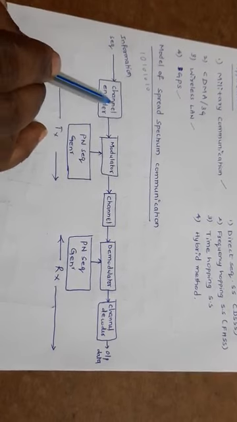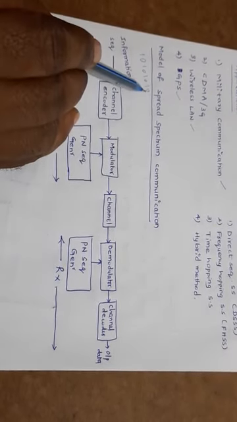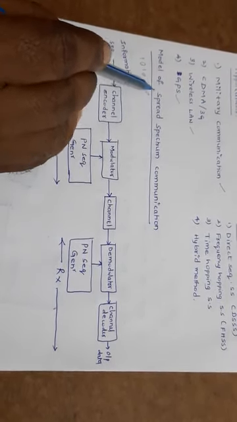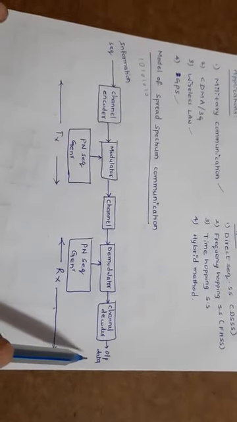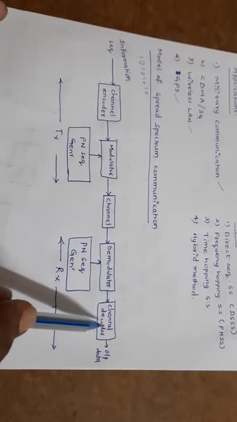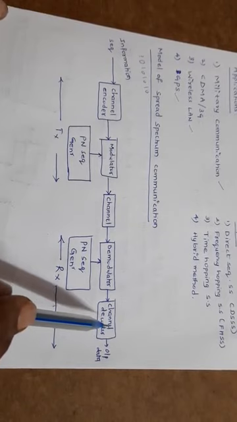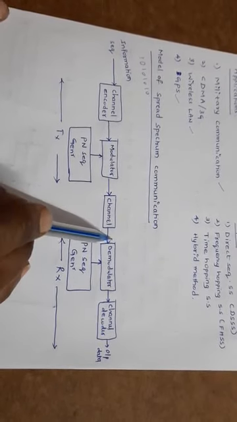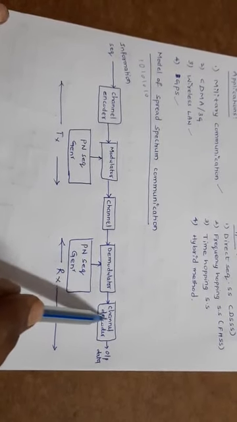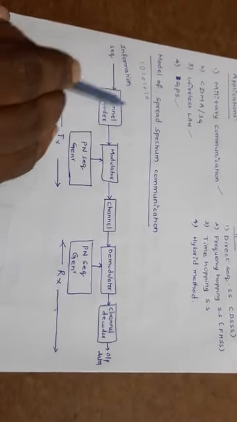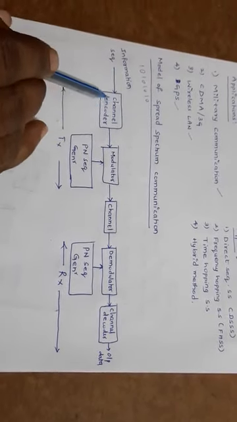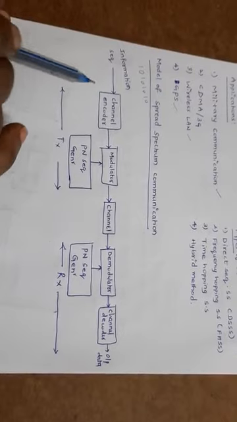What happens when I add extra bits? By using these extra bits at the receiving end, in the channel decoder, it is possible to detect if there are any errors in the received sequence, and it is also possible to correct those errors. That is the major job of the channel encoder, right?